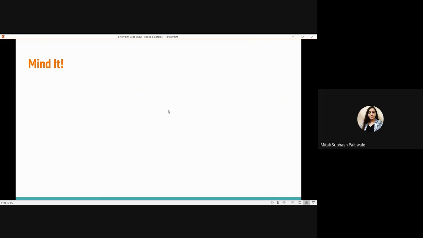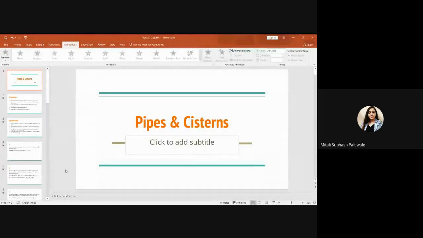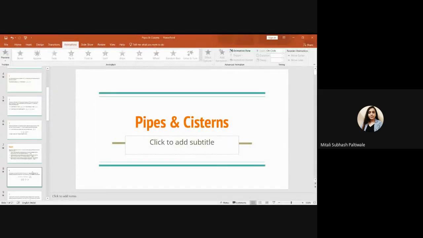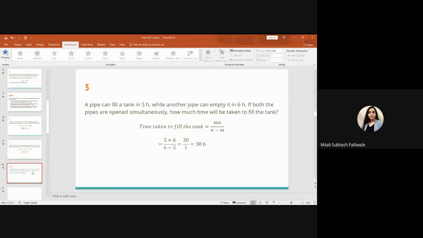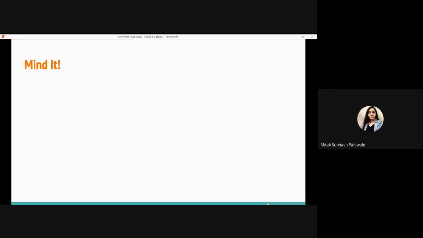Okay. Now there is another thing which you should keep in mind: if three pipes are there and they are filling the same tank, and all the pipes are opened, then in 1 hour they'll be filling 1 by M plus 1 by N plus 1 by P, as in three taps.